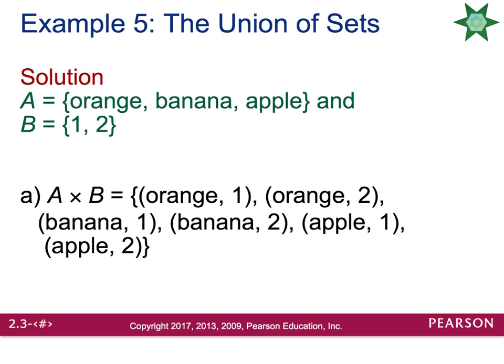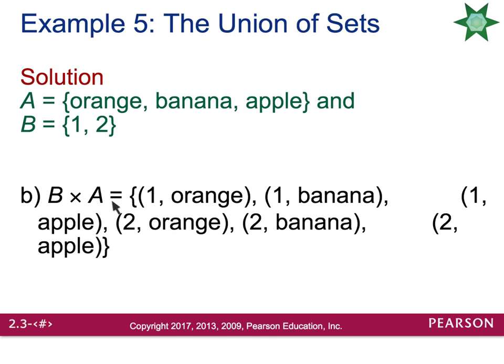We're going to say A cross B. B cross A, we're going to do the same thing, except we're going to start with elements of B. So we're going to say 1 with orange, then 1 with banana, then 1 with apple, and then 2 with orange, and then 2 with banana, and then 2 with apple.